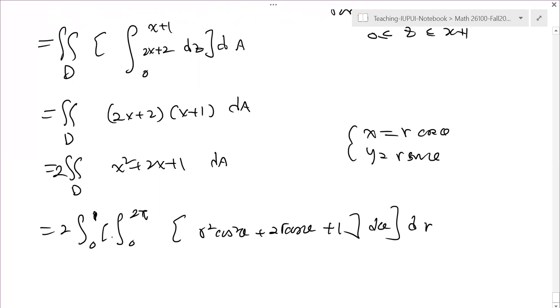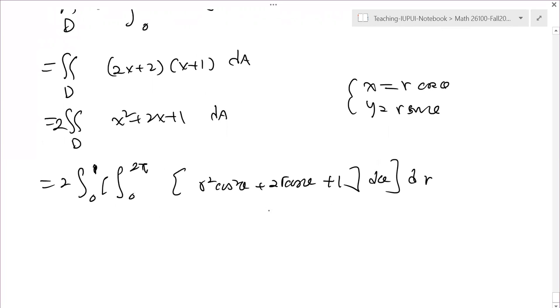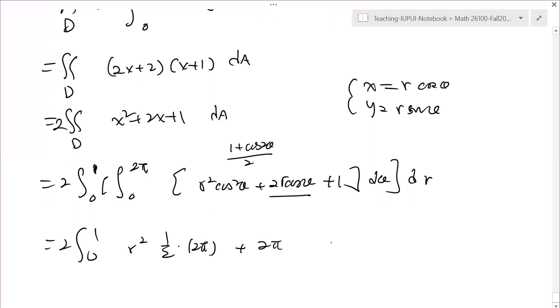The integral of the cosine theta term is going to be 0. The integral of cosine squared theta is the integral of (1 plus cosine 2 theta) over 2. The integral of cosine 2 theta will be 0, and the integral of 1 over 2 is pi, so the last one is the integral of 1, which gets 2 pi.